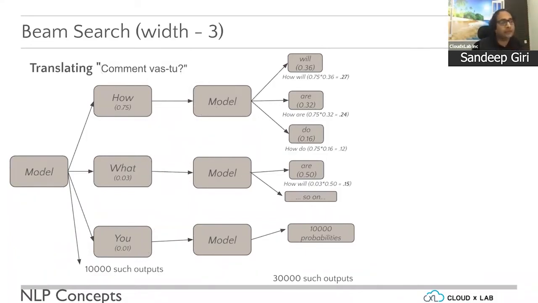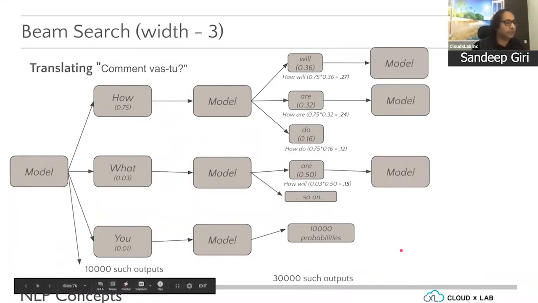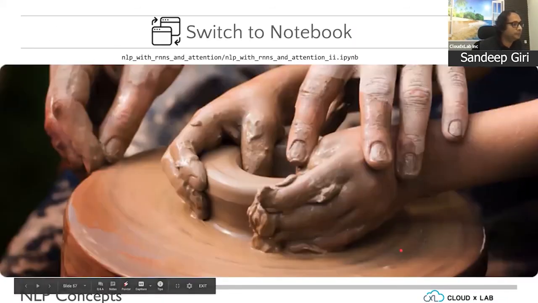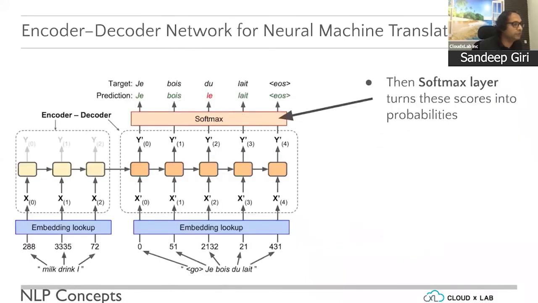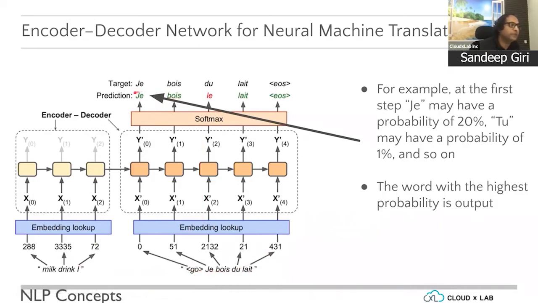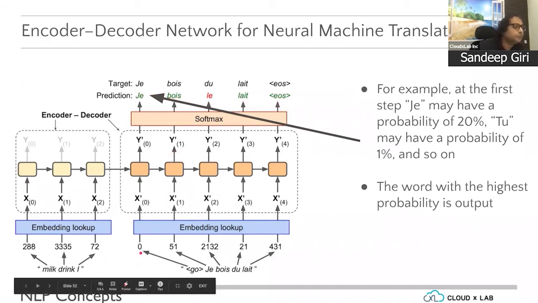Here at the training time, what was it that we were doing? We were feeding this as well as this, and we were getting these probabilities, right? In case of prediction time, we do not feed this.